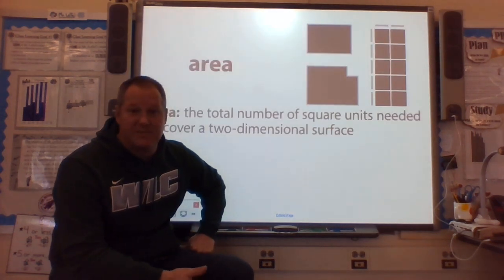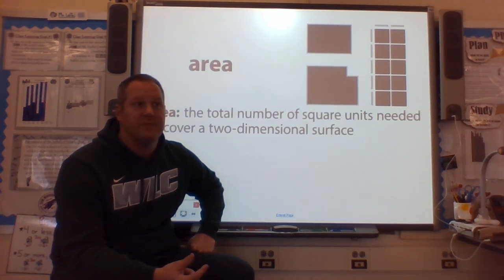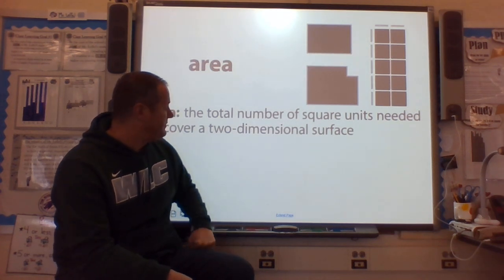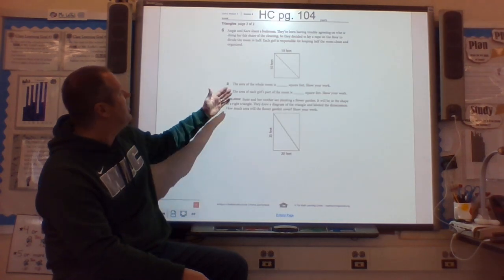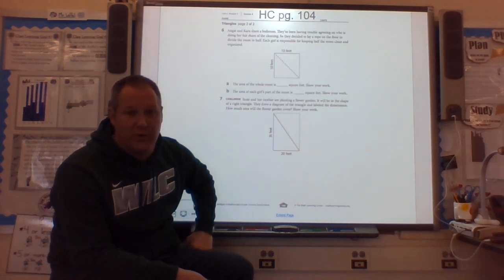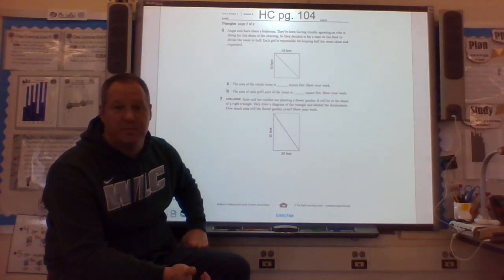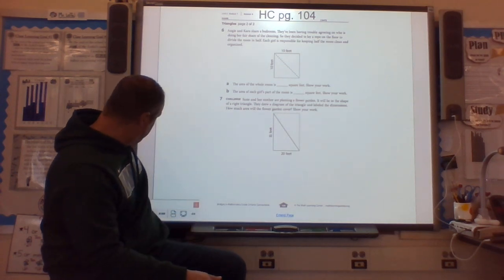Now, on the Home Connections page, I do want to review with you area, just because area is involved on the second page of Home Connections. So if you want to look, Home Connections page is 104. So you can open up to your pink book at page 104.